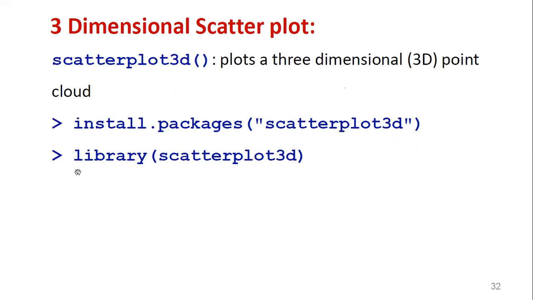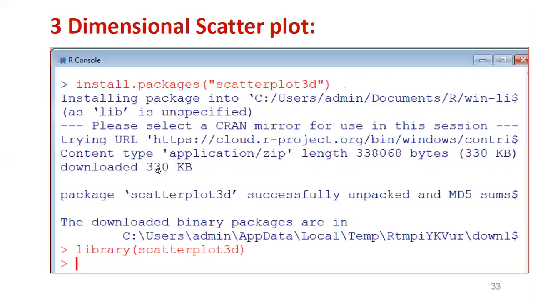Then you have to call the library of scatterplot3d. Then you can use this command scatterplot3d of the vectors. So first let us install the package. As usual, the command for installation is install.packages within parentheses, within double quotes you provide the package name scatterplot3d, same name.